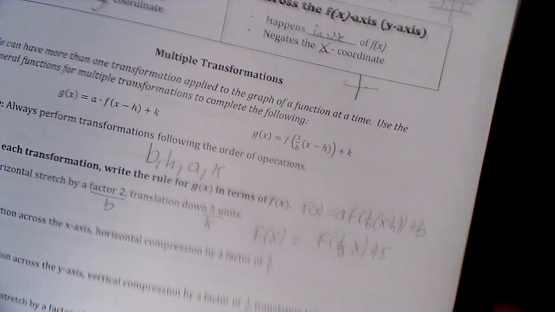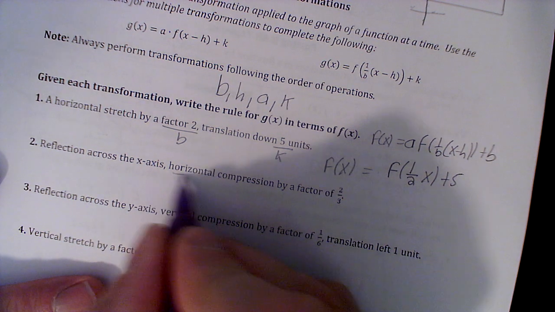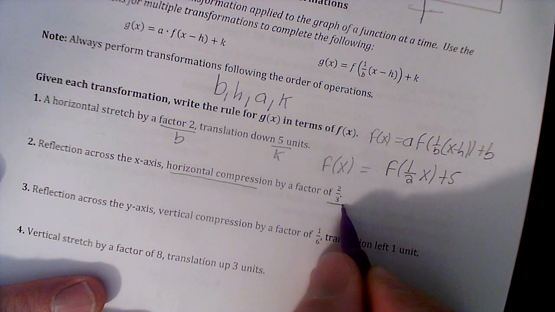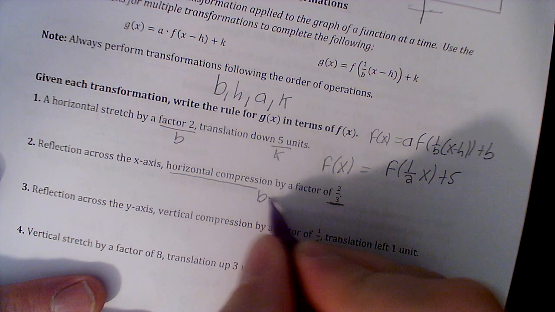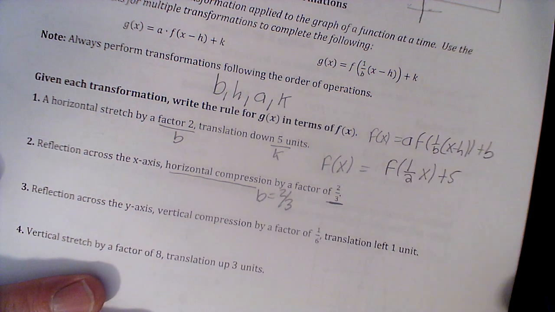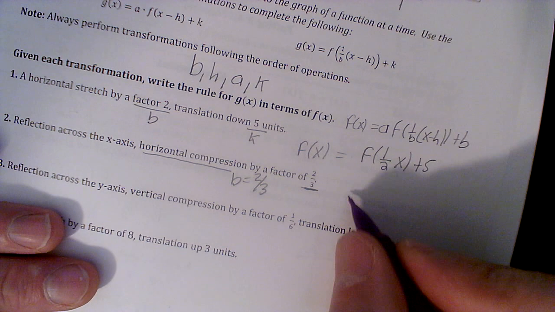Okay? Use your notes. Spend time on this. This says a horizontal compression of 2/3. That means b is 2/3. I'm going to write this twice. So horizontal compression of 2/3 would make b 2/3, and it would look like this.